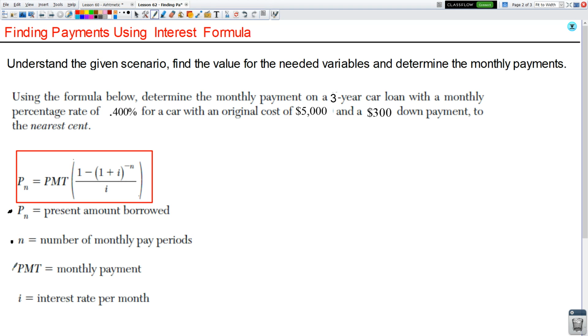There are 4 variables in this equation, where Pn is the present amount borrowed, which, when it comes to interest formulas, is the original cost minus the down payment.